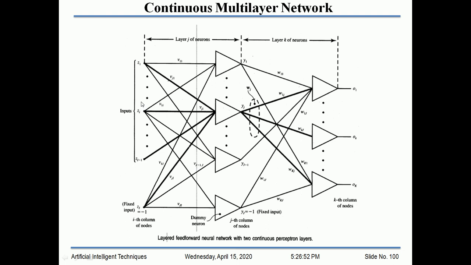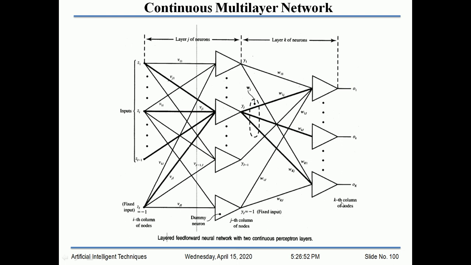Z indicates the inputs to the neural network. V indicates the weight vector corresponding to the input nodes and the hidden layer. Y indicates the output of the hidden layer. W indicates the interconnection weight between the hidden layers and the output layers, and O indicates the output of the neural network.